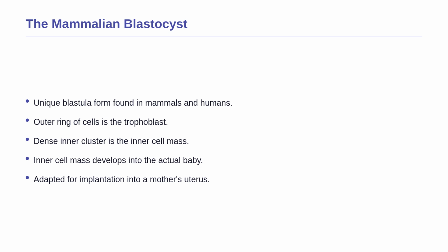Second, pushed to one side inside the cavity is a dense cluster called the inner cell mass. This inner mass is incredibly important because it is the exact group of cells that will develop into the actual baby. This structure is an evolutionary marvel, perfectly adapted for implanting into a mother's uterus rather than developing inside a hard eggshell.